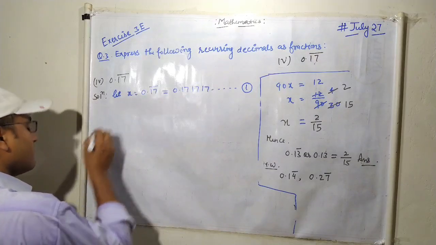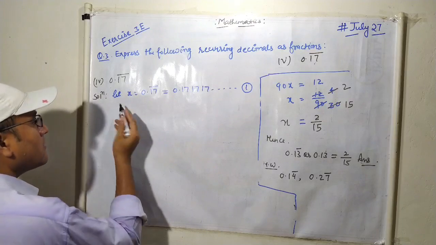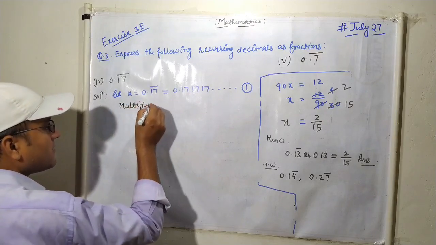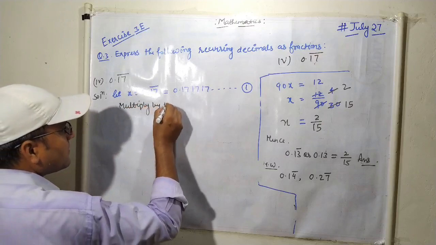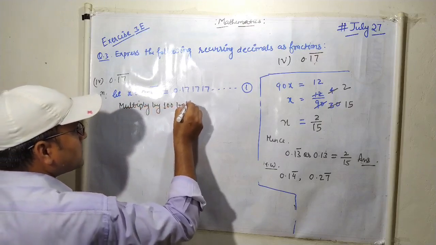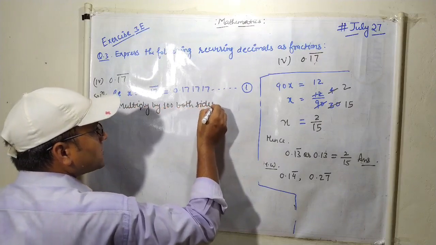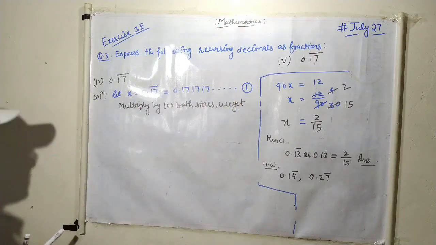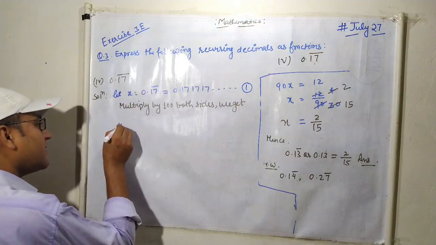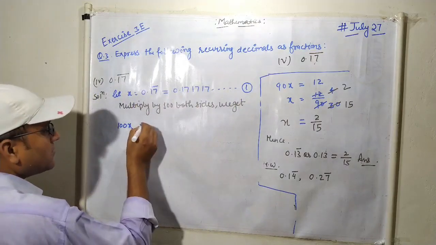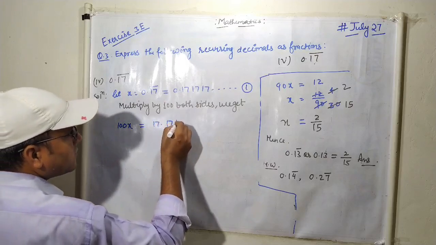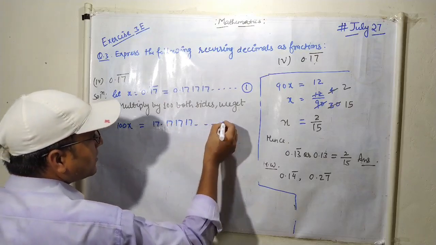Multiply by 100 on both sides, we get 100x, and two terms come to this side, 17.171717 and so on.